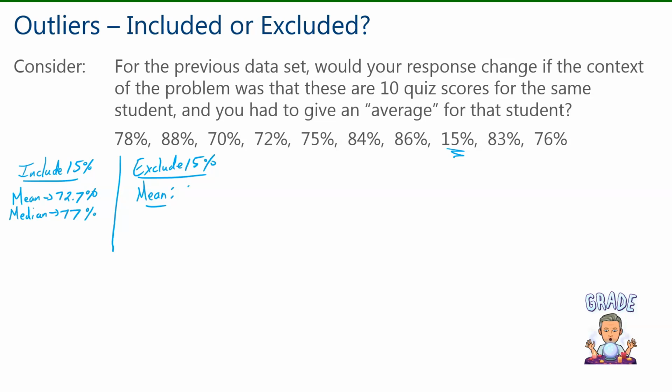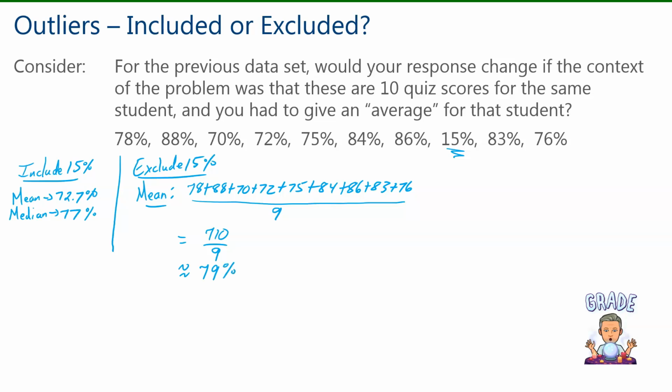For the mean, we would be adding 78, 88, 70, 72, 75, 84, 86, 83, and 76, divided by, well, if we've excluded the 15%, we now only have 9 quiz scores. Add the numerator values, 710 divided by 9, that will be approximately 79%. So the mean, without the 15%, would be approximately 79%.